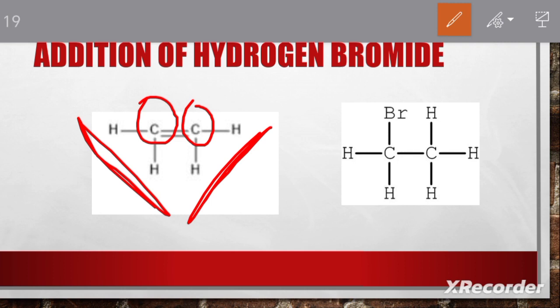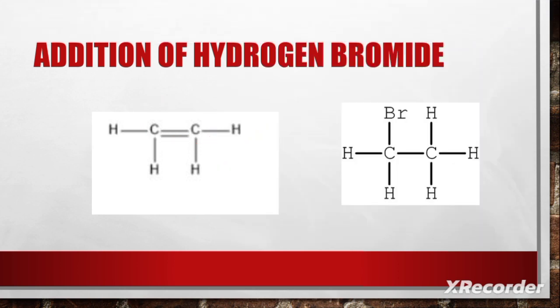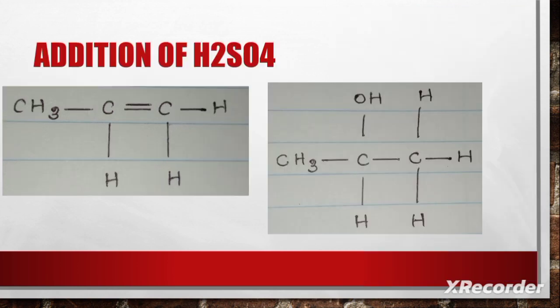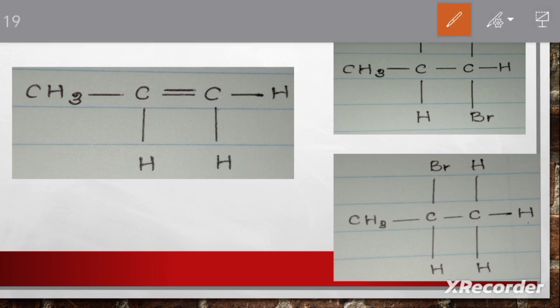So in such cases, there is no issue in adding HBr to either carbon atom. But in situations like this, we can add hydrogen and bromine in two ways.